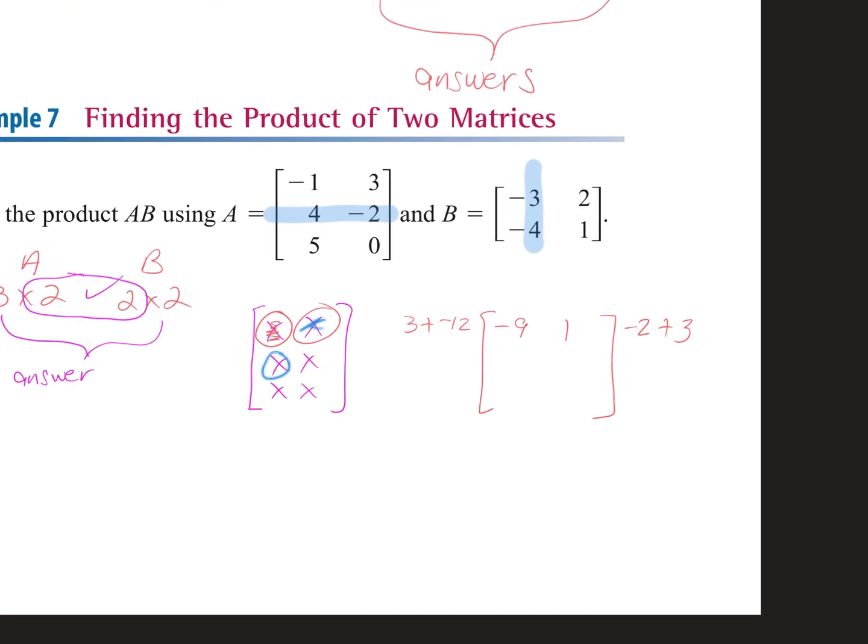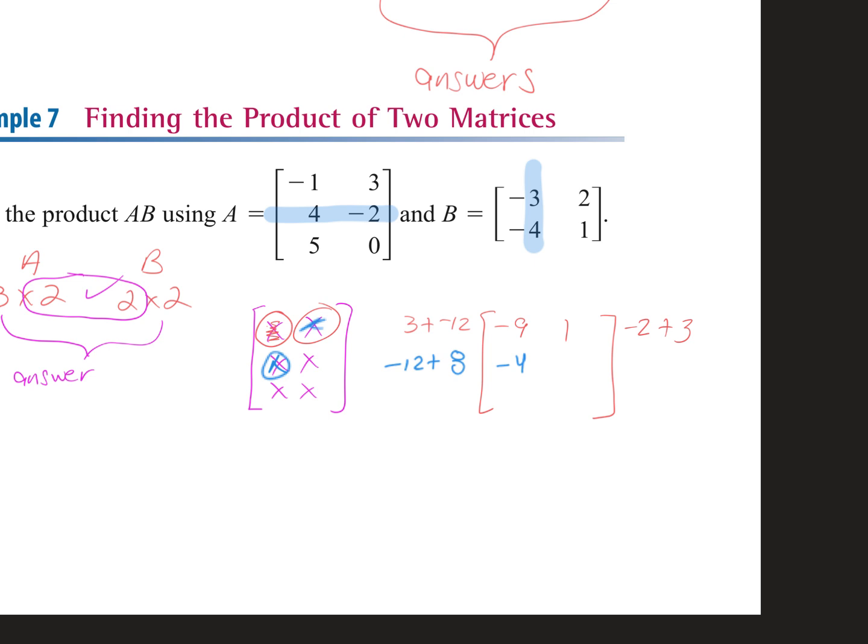First times first. What's 4 times -3? -12, plus, what's -2 times -4? 8, right? So what's -12 plus 8? -4, okay.